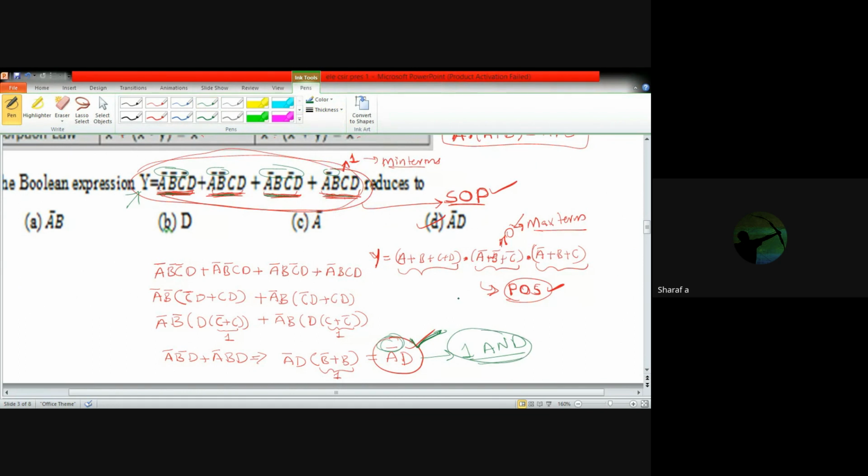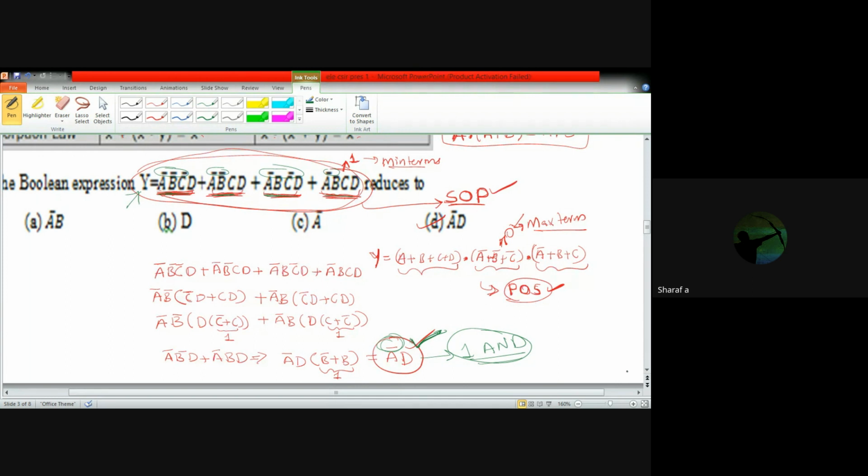So for that we have to do this kind of reduction of Boolean expression by using Boolean algebra. But this is also difficult, because when you have a complicated expression, it is difficult to simplify it by this kind of method.